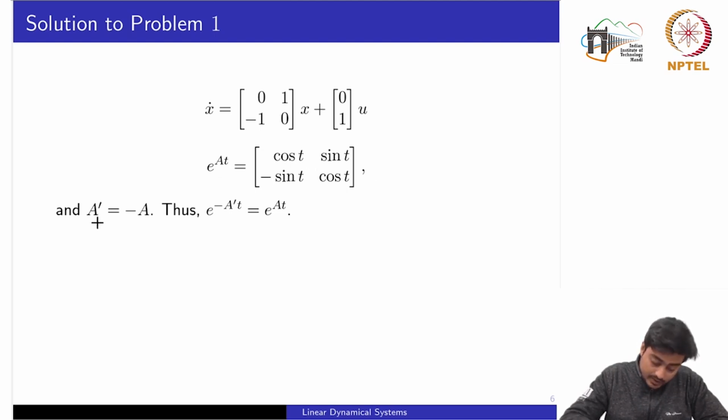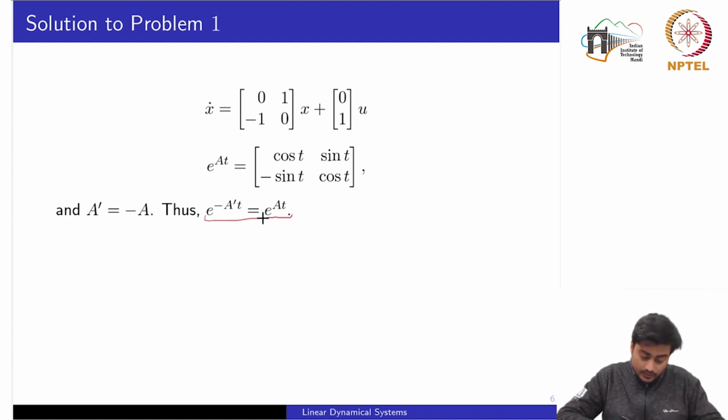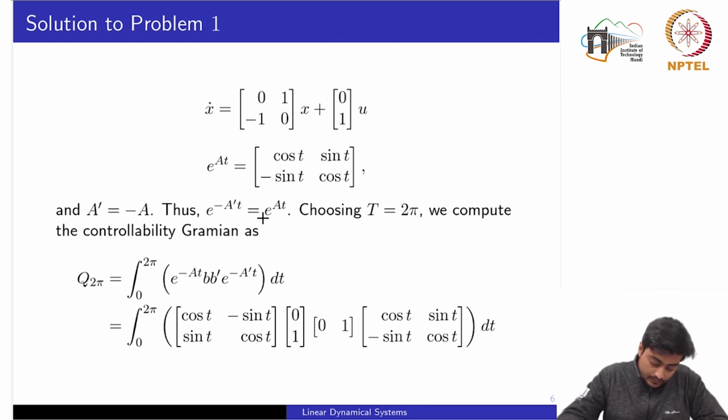And at the same time, we notice that A transpose is equal to minus A. Thus, we can also write this one, that e to the power minus A transpose t would be equal to e to the power At. Okay. Now, if you recall that we need to compute the controllability Gramian over some time t or to infinity.